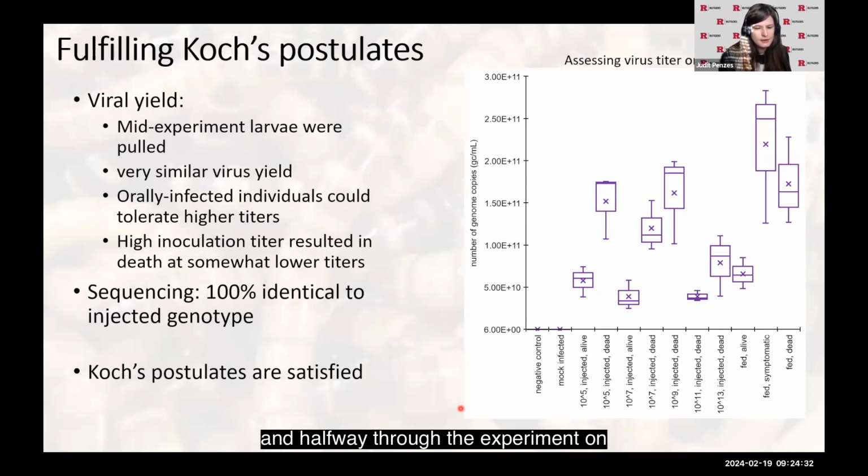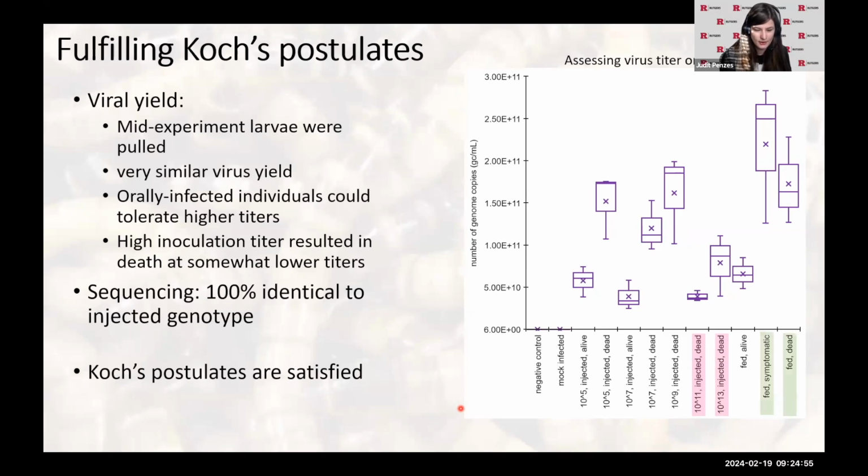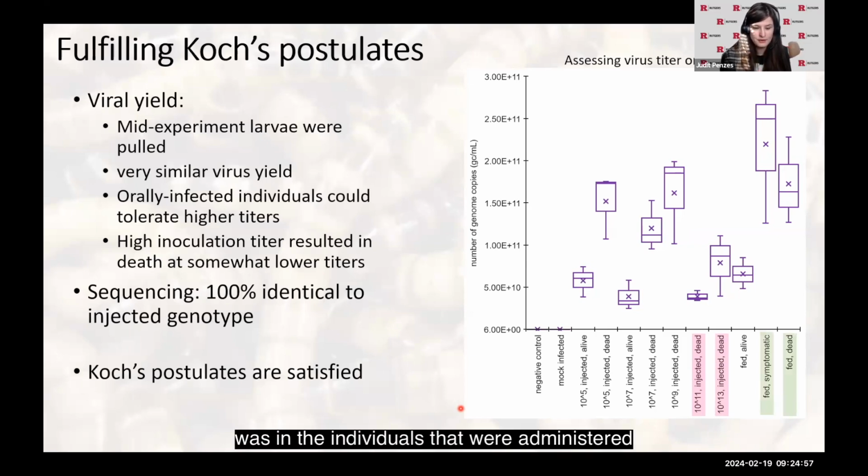And halfway through the experiment, on the 15th day, we also assessed the virus titer in these animals, in all of these experiments. What we found was that the lowest virus titer was in those individuals who got a high dose of injections, whereas the highest virus titer was in the individuals that were administered the virus in the non-invasive way.